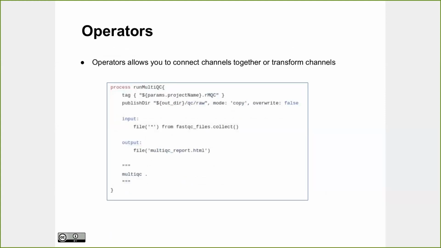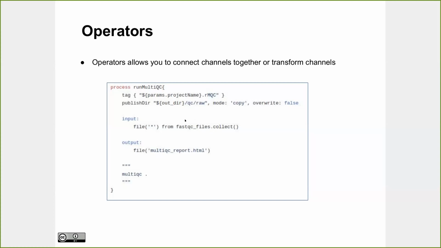So operators allow you to connect channels together or transform channels. So after we run fastqc, we run multiqc. In this process, you also have a label for your process. The output directory is defined. You define your input directory, your input channel. And here we've got an operator that's running on your channel.